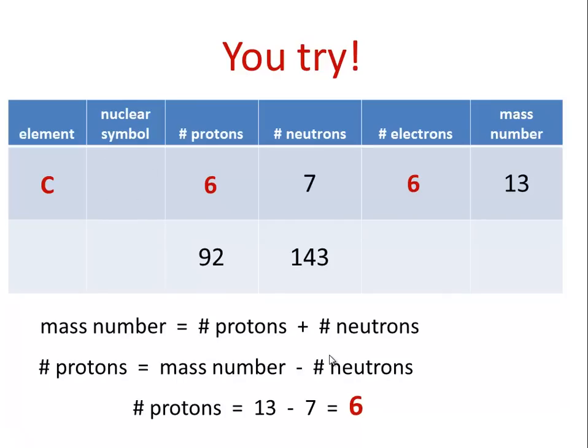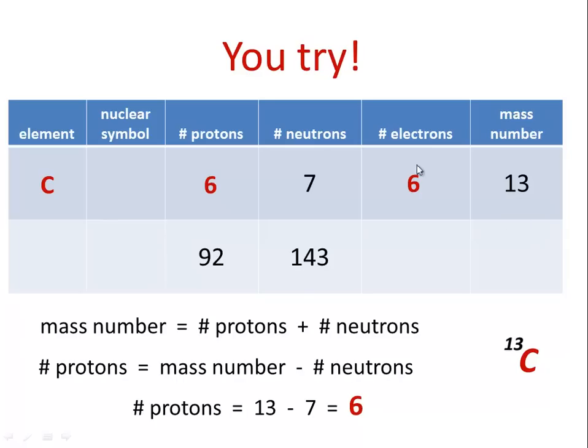Push pause if you want a little bit extra time to figure it out. All right, so here we go. For the nuclear symbol, you have to have the abbreviation for the element, carbon, which is just C. And then we remember that the superscript is the mass number. So I take that number and bring it down here.